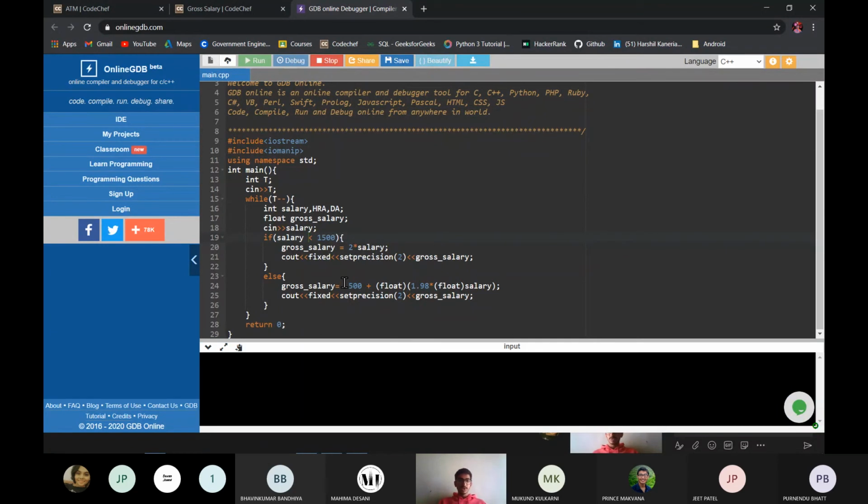Our code is correct, and let us run this. Let us input 1203. Then our answer should be 2406. Let us enter 2304. 2304 is greater than 1500, so our answer must be this.